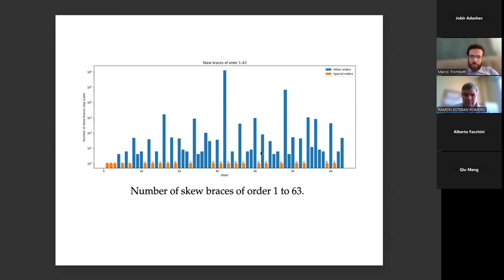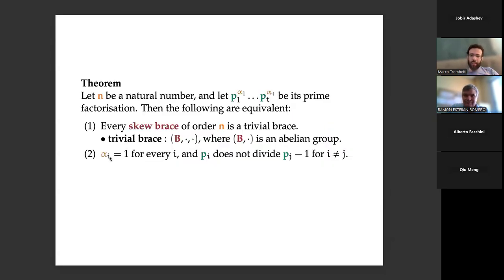So let's think about this. It's more or less easy to get that the condition is the following one, the condition that I put in number 2. Take a natural number n, and suppose that you can write n as p1 to the alpha 1 times ... times pt to the alpha t. This is the prime decomposition of n.